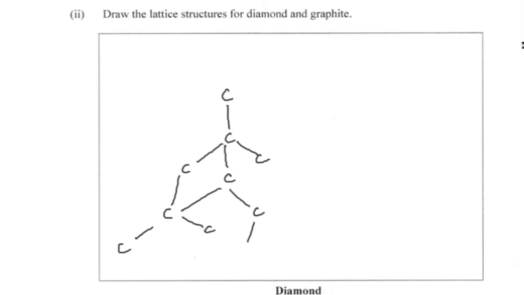So we could just leave it as that, or we could have used the first 4 that were drawn. So this is a repeating thing in 3D. We're not going too crazy with the 3 dimension.